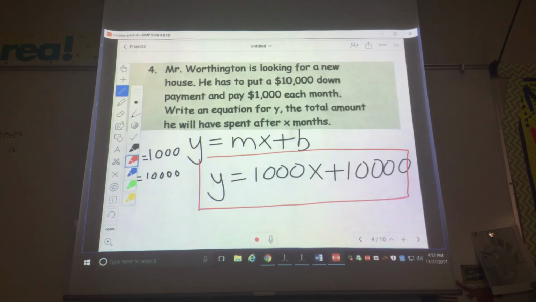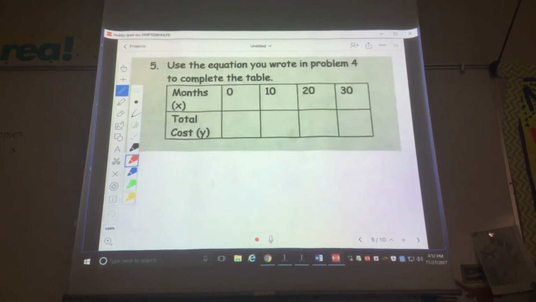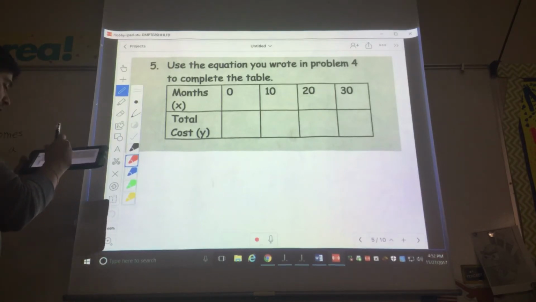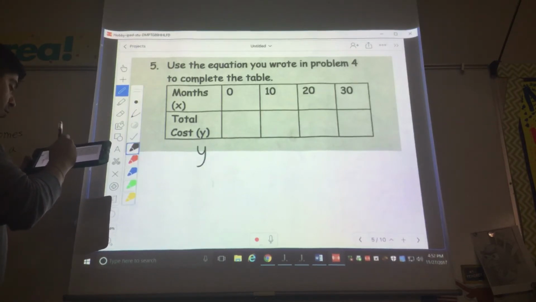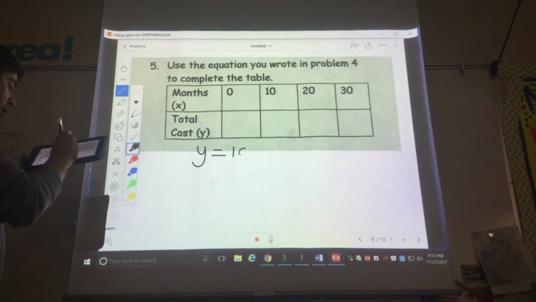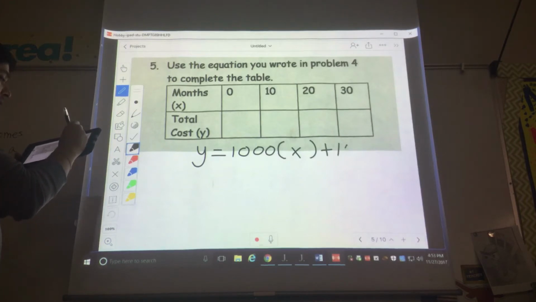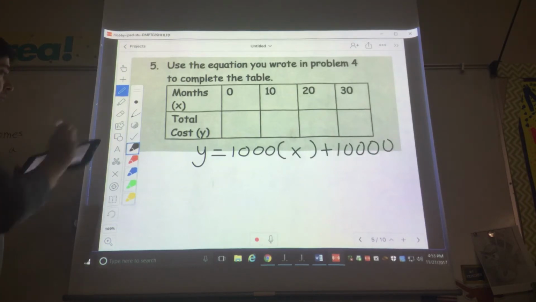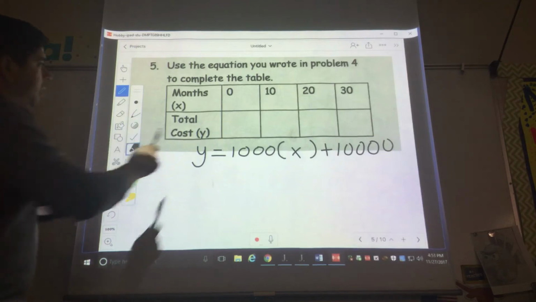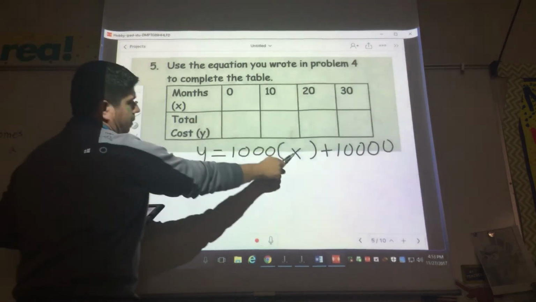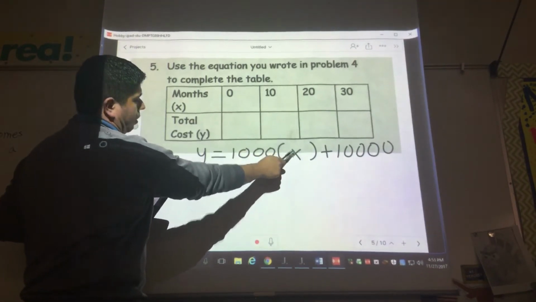Okay, let's look at number 5. Use the equation you wrote in problem 4 to complete the table. So what I'm going to do is rewrite this equation: y equals 1,000 in parentheses x plus 10,000. I'm going to put the months in here for x. So this 0 is what's going to go here.